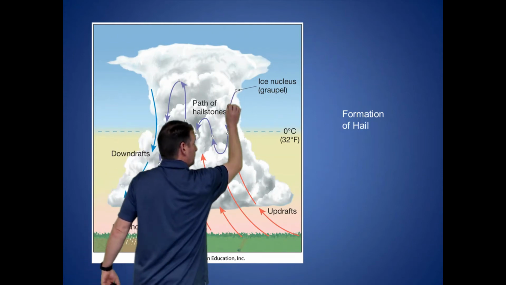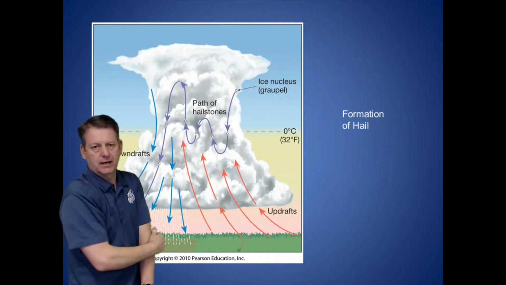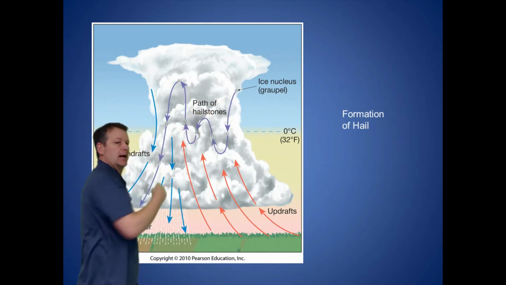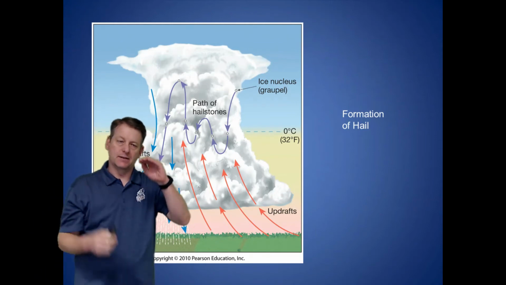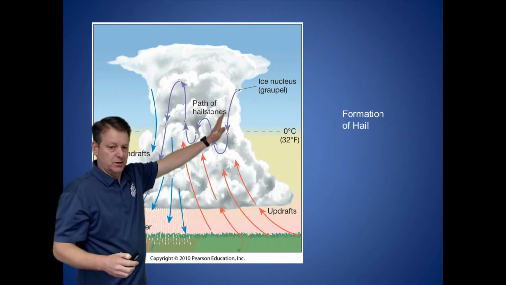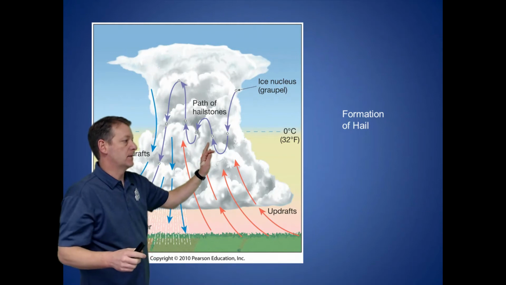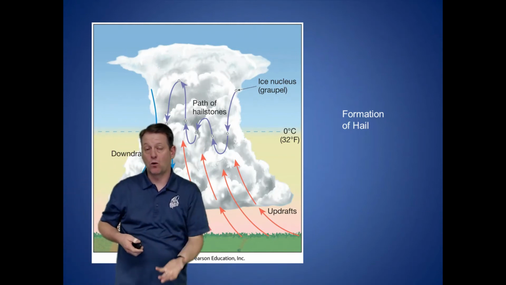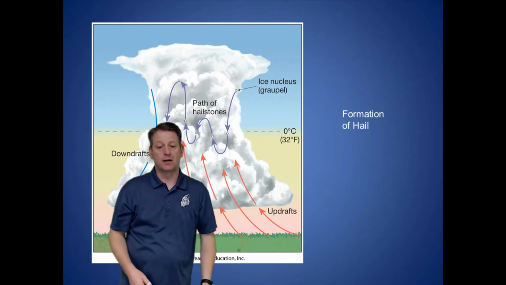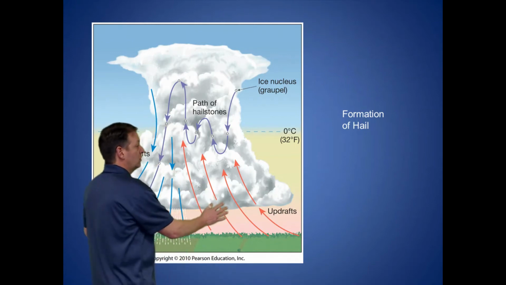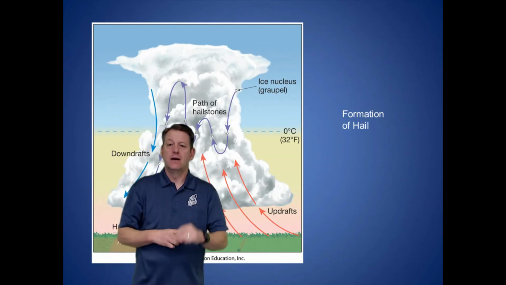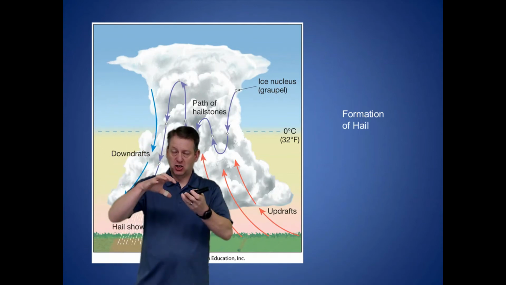And then we have this nice little particle up here that could be hail that just starts forming. It's just a little tiny piece of ice. Well, that thing's going to go up and down and up and down. As it falls, it might melt, or it will definitely accumulate some more ice on it through the Bergeron process. And if these drafts are strong enough, they'll push that particle way back up into the air again, and it will keep adding shells onto it.